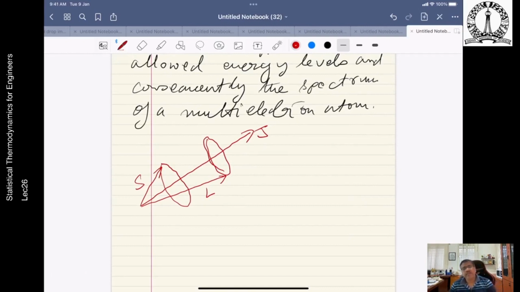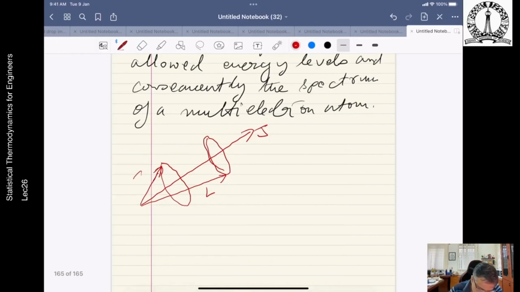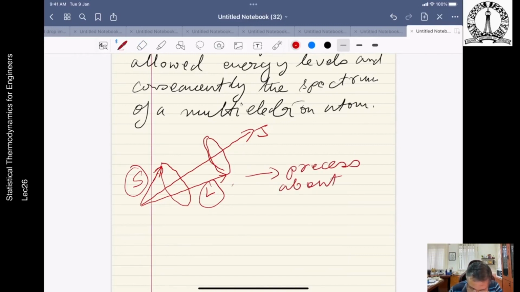The coupling between such vectors introduces what we call a natural torque, so L and S will precess about J.